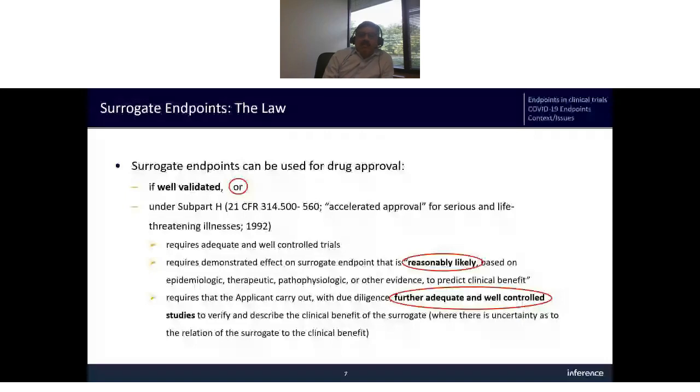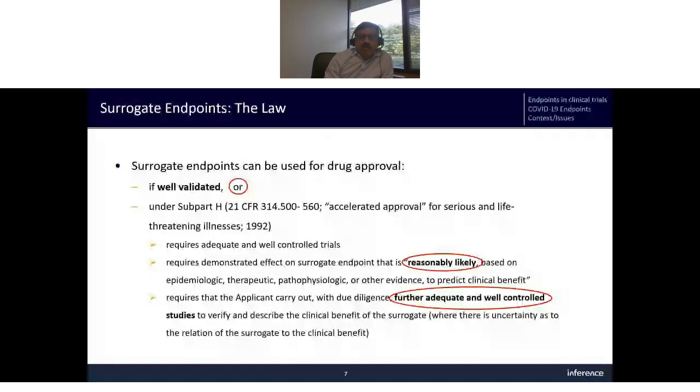But there is one catch: you can get approval, but you have to make a commitment to the FDA. And I'm talking more about the FDA in this talk because other regulatory agencies are pretty similar. You have to commit that you'll do another trial later on to make sure you prove the surrogacy. So this is the setting for a surrogate endpoint.